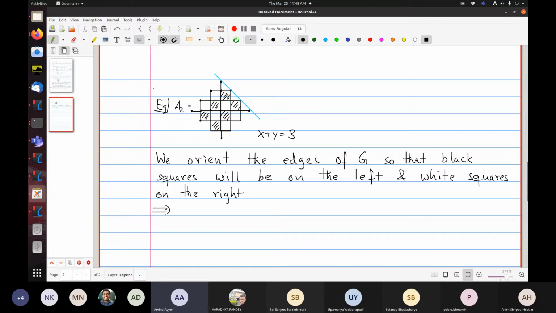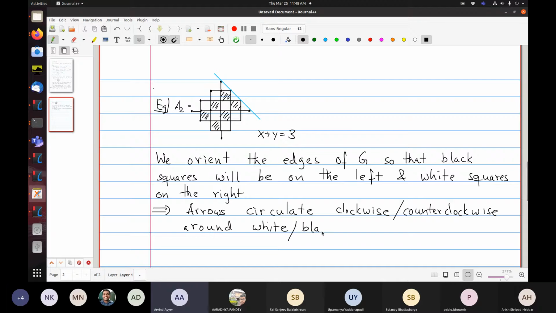This implies that arrows circulate clockwise or counterclockwise around white or black squares.